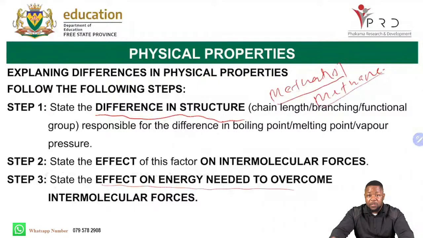Since hydrogen bonds are stronger than the London forces, you say that more energy will be required to overcome the hydrogen bonds as compared to the London forces. Then you conclude and say methanol will have a higher boiling point.